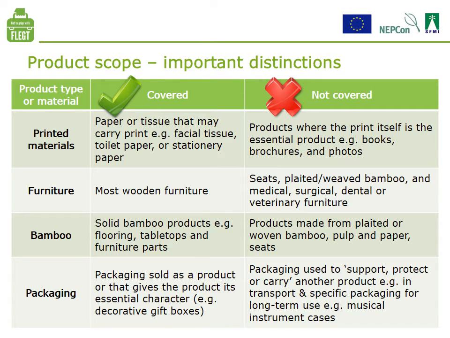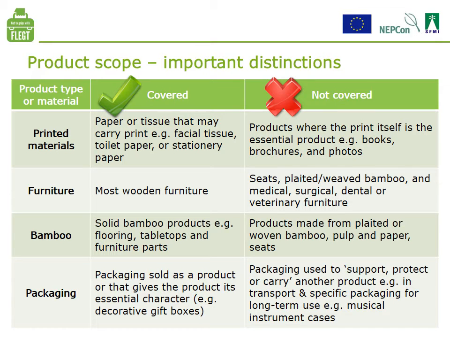When discussing different products that are and aren't included in the EU timber regulation, there are a number of specific distinctions that need to be made. For example, on the previous slide it was stated that printed materials are not covered by the regulation. This is true when the printing itself is the essential product, which is the case for books, brochures, or photos.